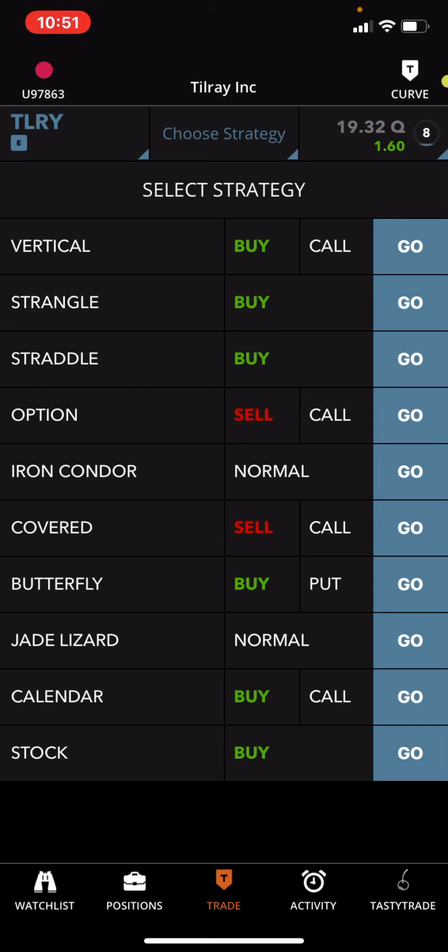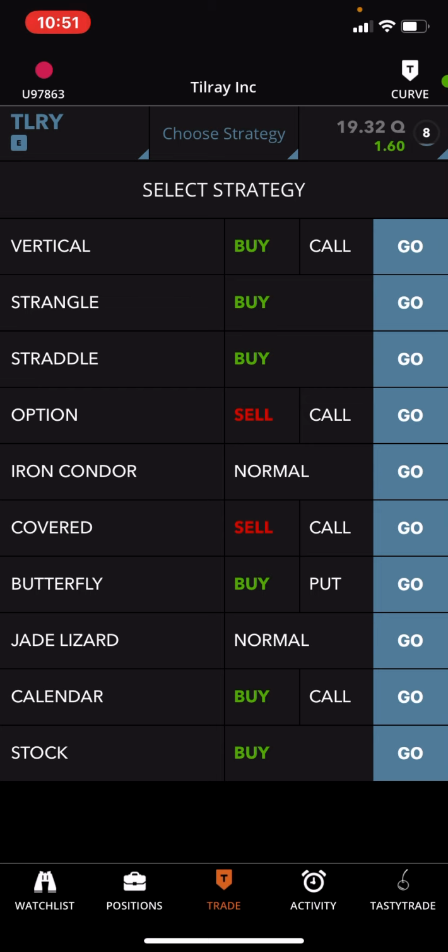So the main rules when looking at options: you want to pick an underlying that has good liquidity and a good bid-ask, not a big wide ask and bid. You want to make sure they're tight: a penny, two pennies, max 5 cents, but you want to try and stay away from that.